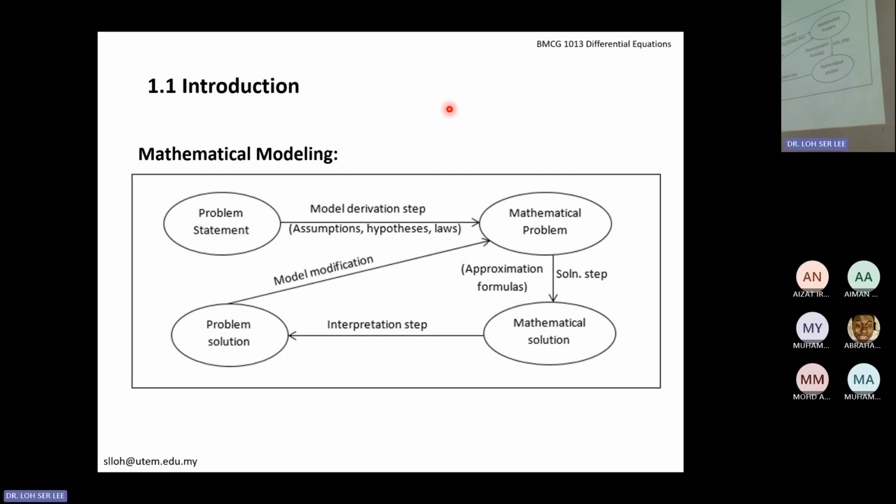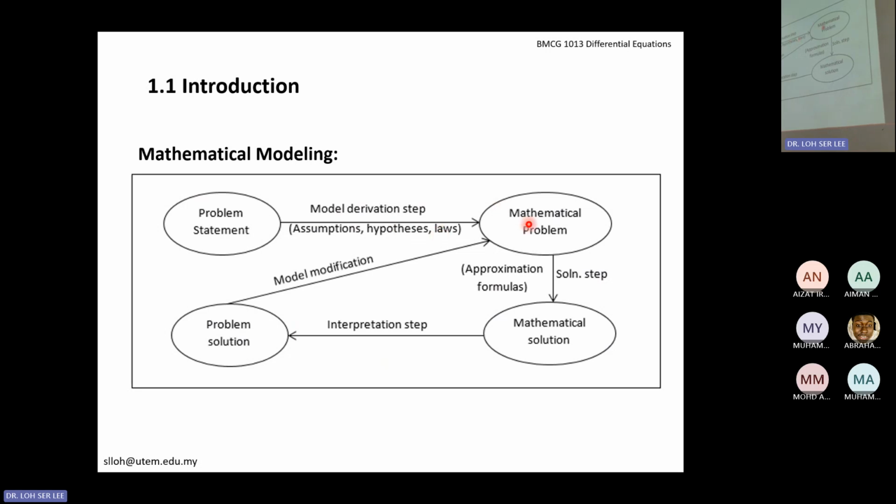So where do we see the differential equation? Actually it comes from mathematical modeling. Starting from the problem statement, let's say we have a problem. Then we will try to derive the model by applying some assumptions or hypotheses or laws.